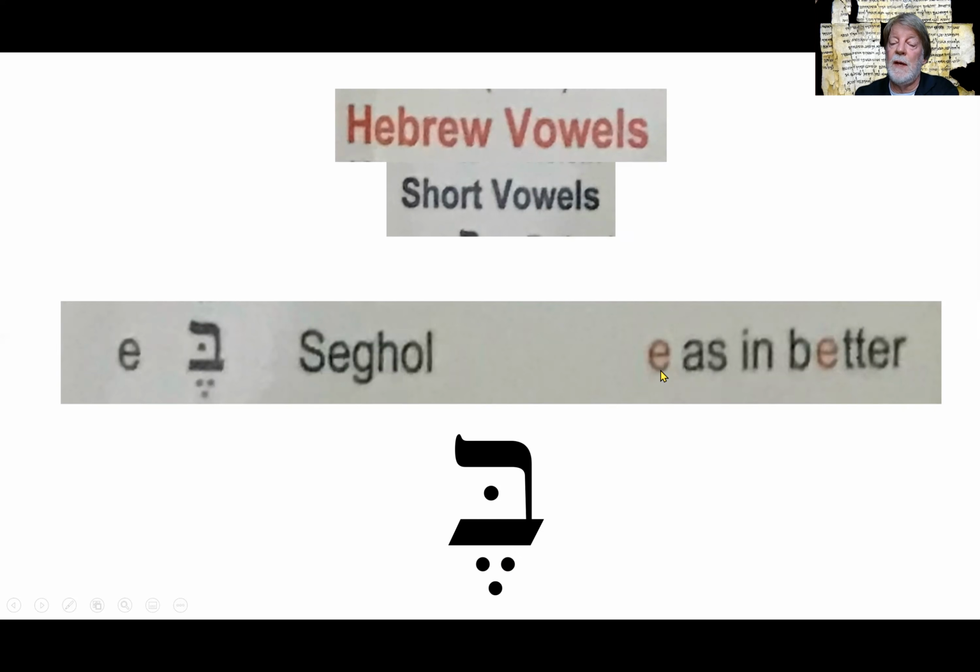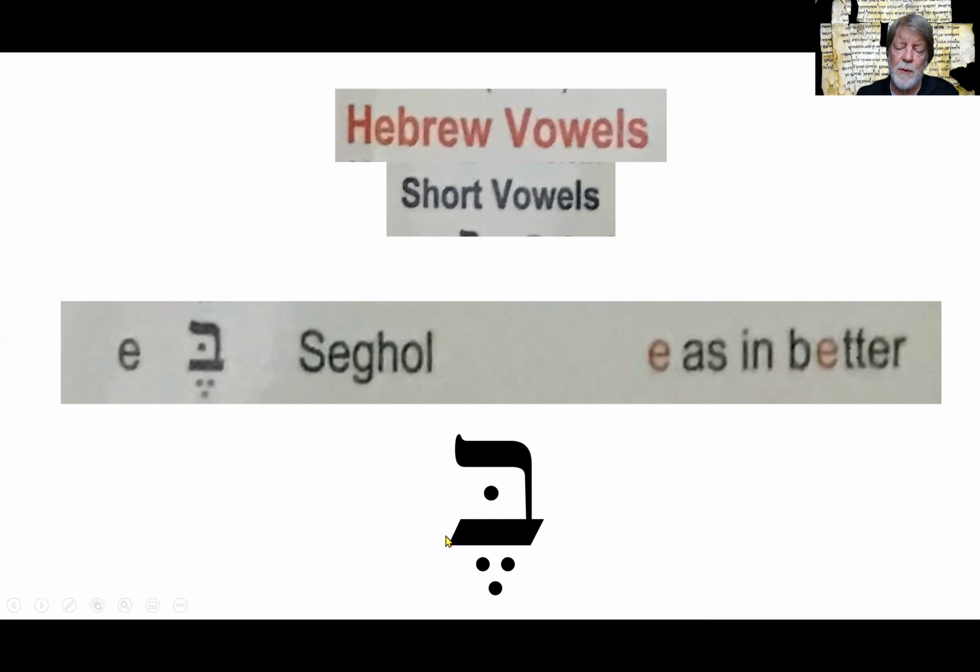It is pronounced as an E in English in the word better. So it's an S sound, better, not better, better. So we have 2 segal pronounced vowels in the word better.